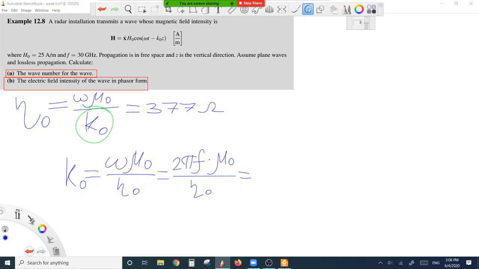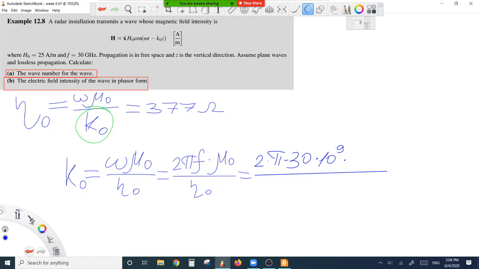We have 2 multiplied by pi multiplied by the frequency, which is 30 gigahertz, so 30 multiplied by 10 to the 9, and multiplied by mu 0.